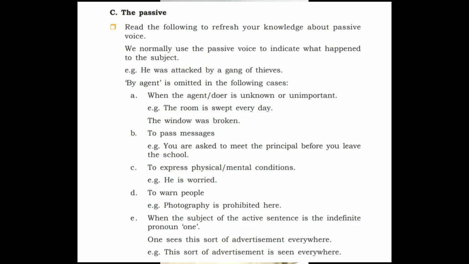Then next we have passive form. So passive voice you all know. While using passive voice, actions are given importance, not the doer. So we want to stress actions rather than the doer.